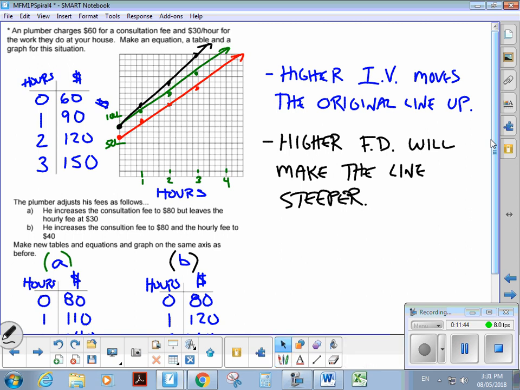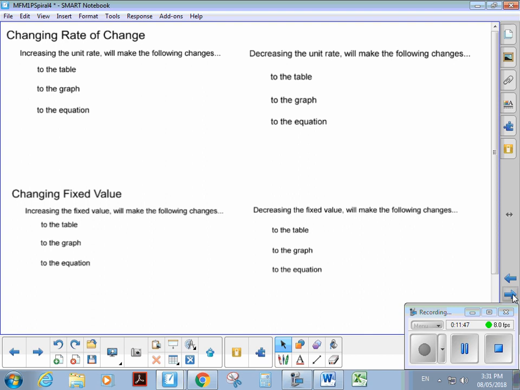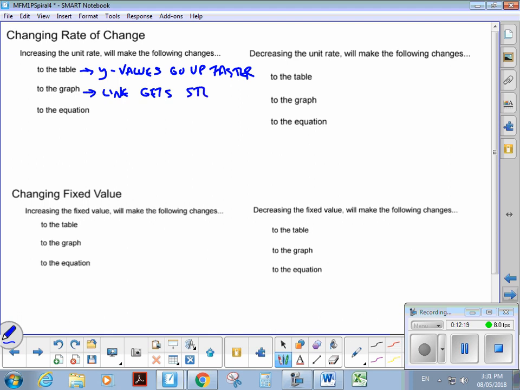All right. On to the last part then, just to summarize. Increasing the unit rate will make the following changes to the table, to the graph, and to the equation. What happens to the table? Y values go up faster, because you're adding more each time. To the graph, the line gets steeper.